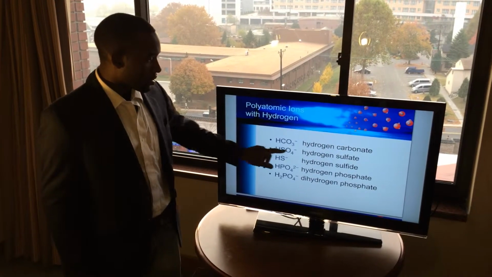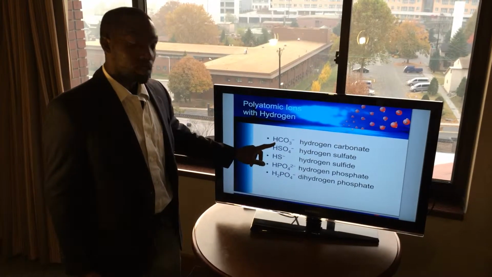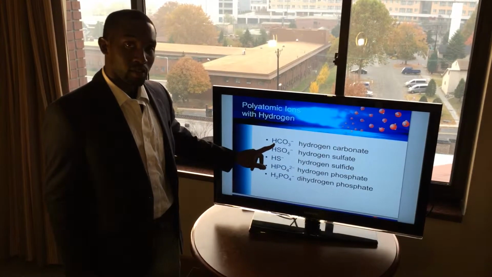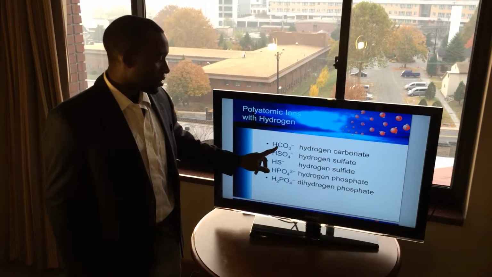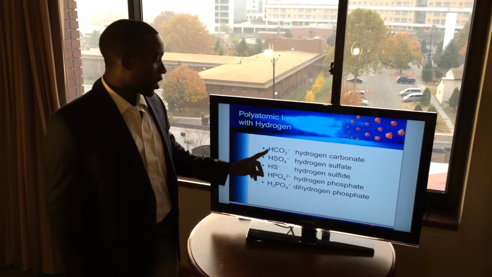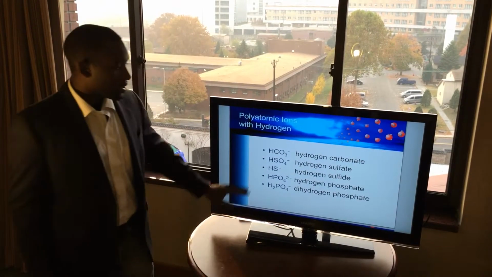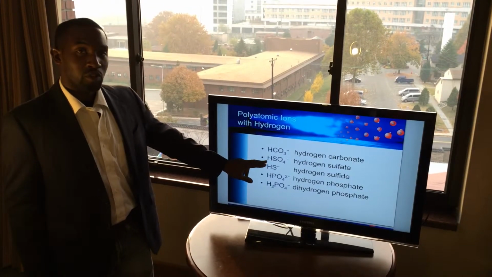Now what's the difference? The charge is different and the chemical composition is different. You have a covalent bond of hydrogen to the additional atoms, carbon and oxygen. And this is the same case for hydrogen sulfate.